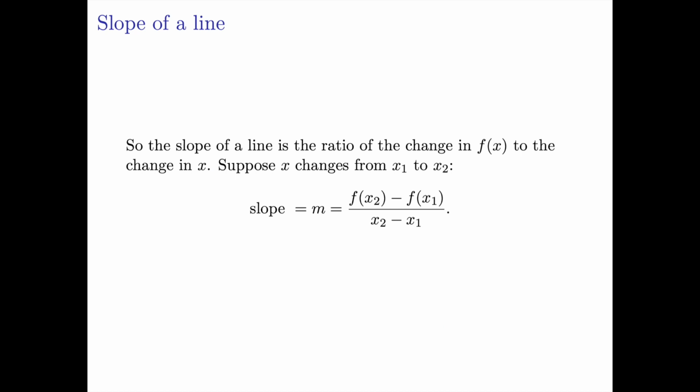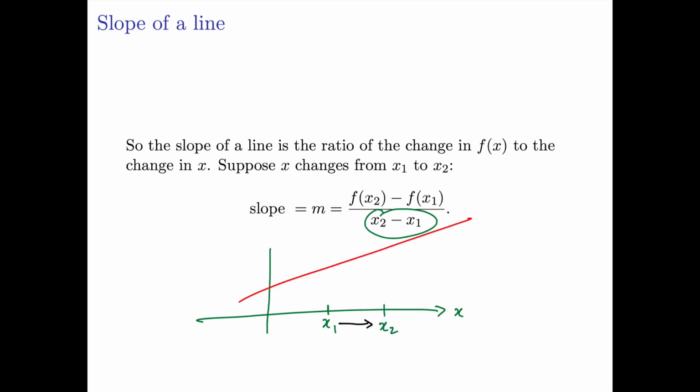So writing that down mathematically, if we take two different points, x1 and x2, if we go from x1 to x2, how much are we increasing x? By this much. And if we did so, how much would we be increasing f of x? We'd be increasing it by this much, because this is f of x1, this is f of x2.